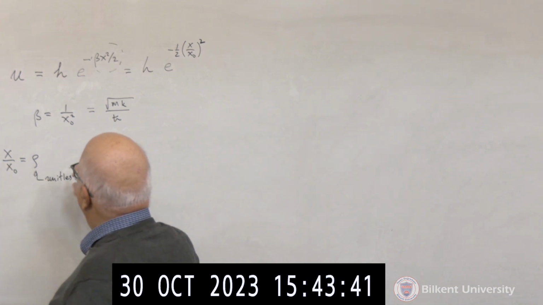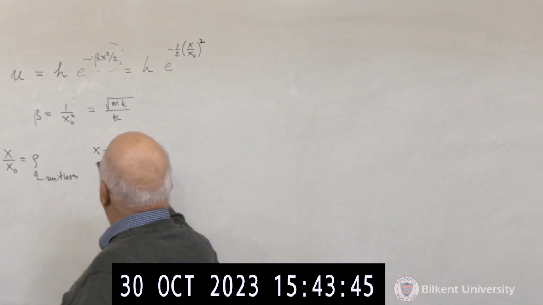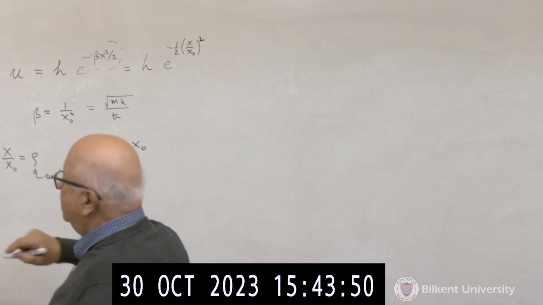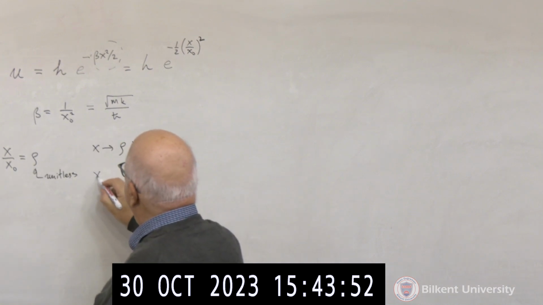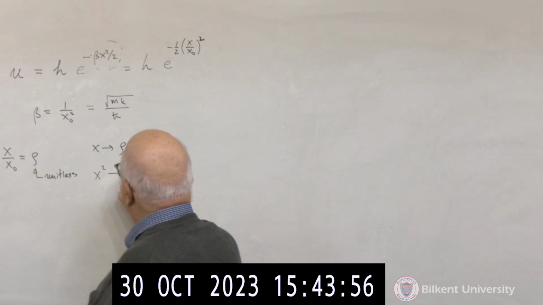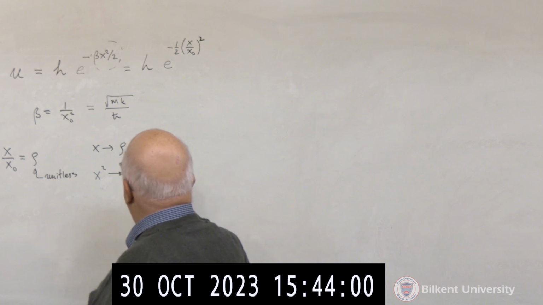What happens? x goes to rho times x0, but the only dependence on x is x squared, so x squared goes to rho squared times x0 squared.